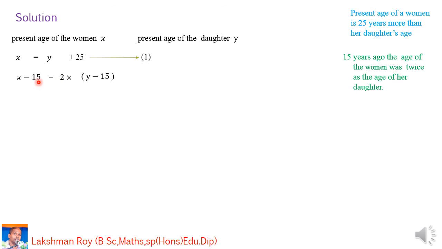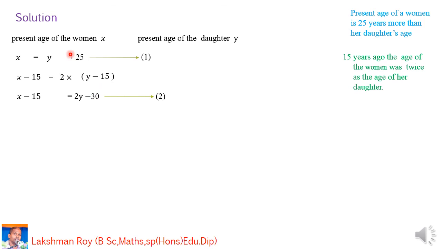Understand? So this is my second equation. Now you can easily simplify this: multiply y and also 15 by 2. So x minus 15 equals 2y minus 30. This is my second equation.